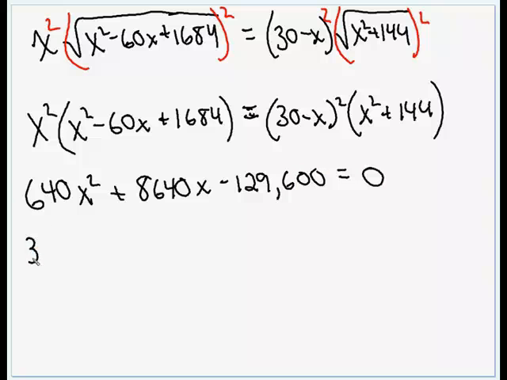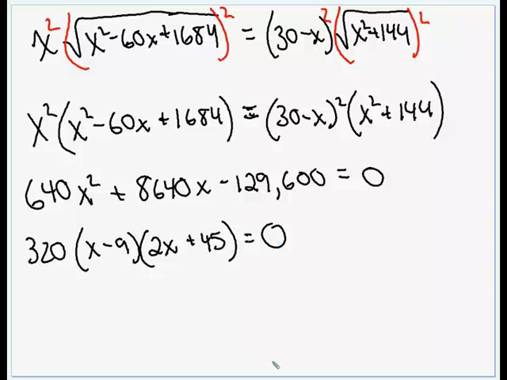We can factor out a 320. And when we factor that out, we'll have x minus 9 and a 2x plus 45 equals 0, and that's fully factored down.